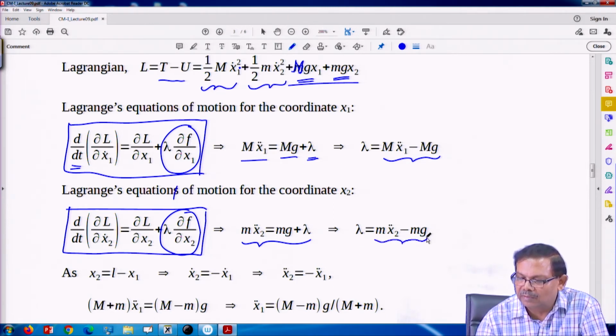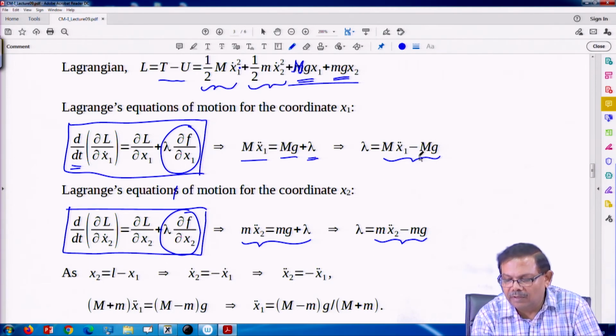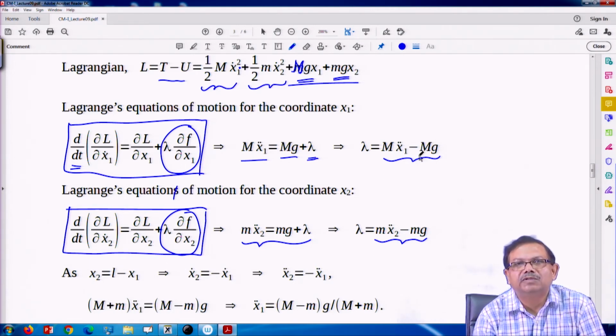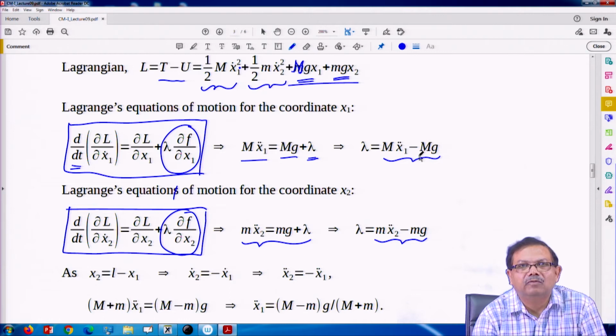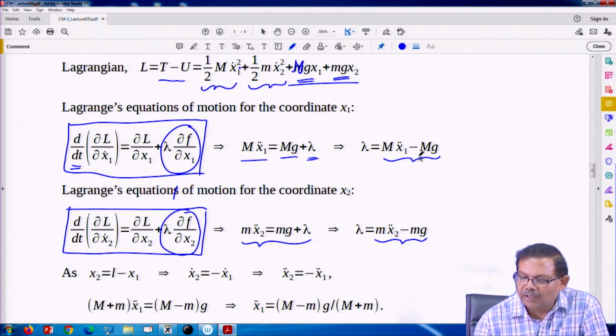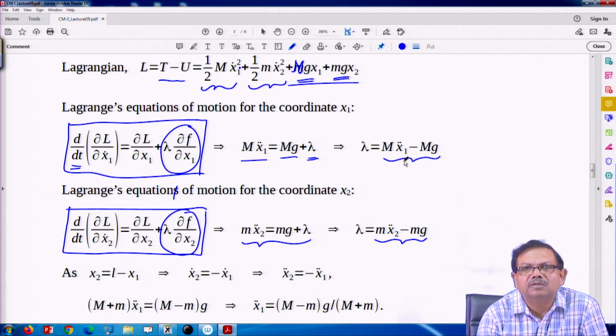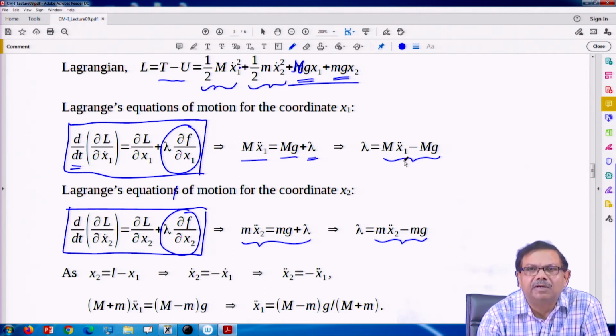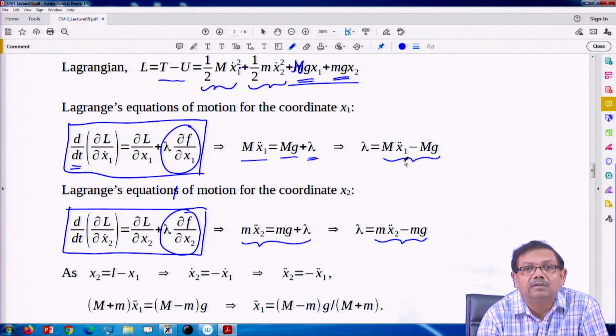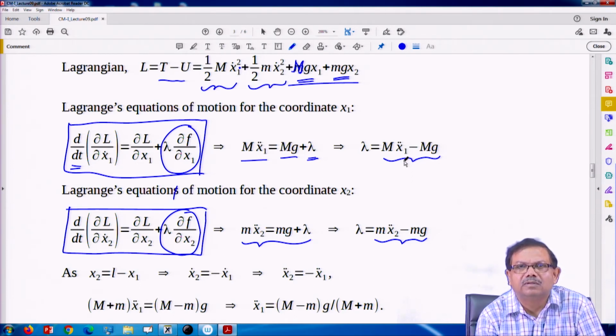So, lambda can be written in terms of the first variable as well as the second variable. Suppose we equate these two terms, then lambda goes away and we get some equation of motion. So, without knowing what lambda is, we might write equations of motion.